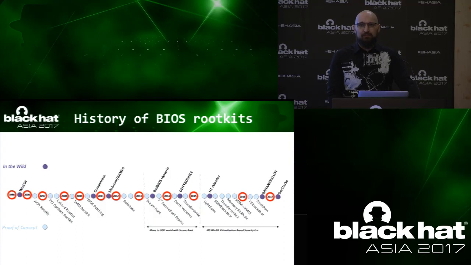A lot of researchers already paid attention to CompuTrace software and did some research in 2009, and in 2011 Mebromi showed up, which is the first known BIOS kit in the wild.